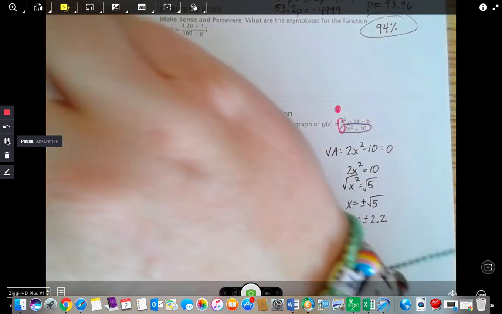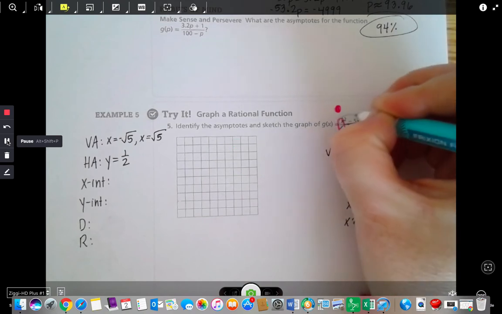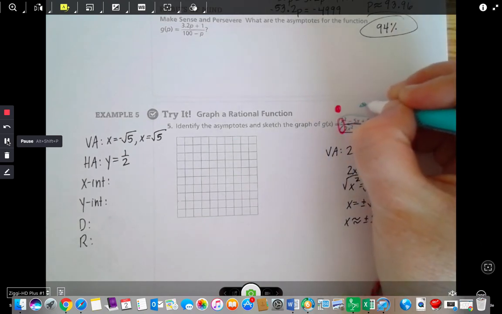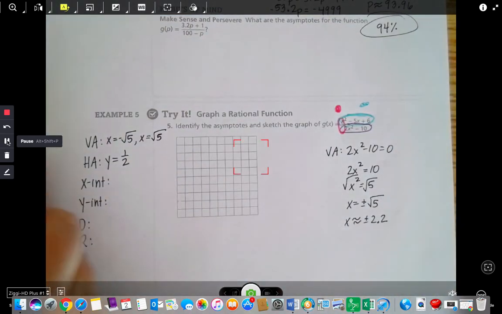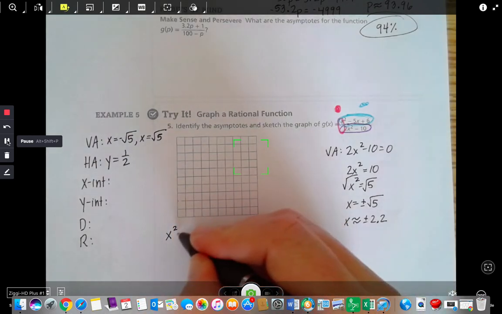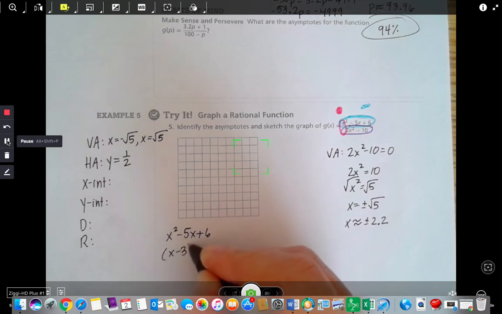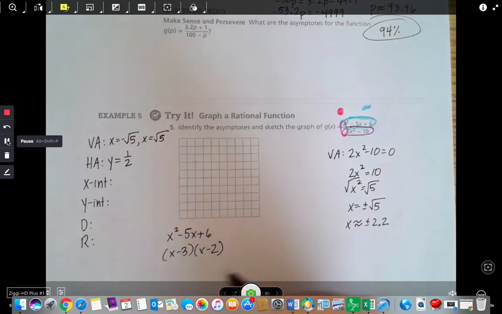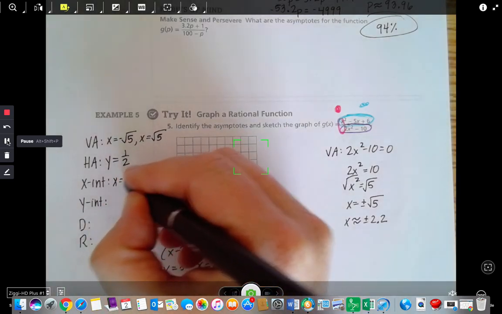My x-intercepts come from my numerator. So if I've got x squared minus 5x plus 6, I'd have to factor that. That's x minus 3 times x minus 2. So we say x equals 3 and x equals 2. Those are my x-intercepts.